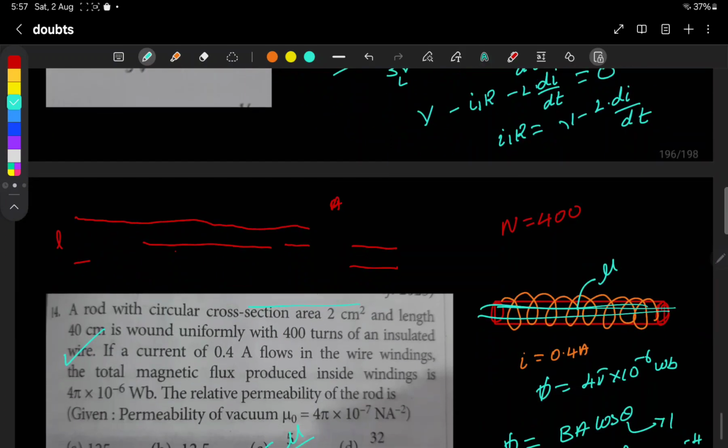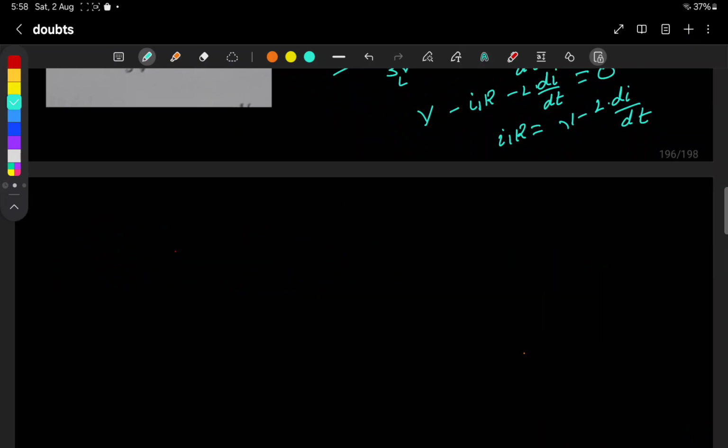So I1 into R is equal to V minus L into di by dt. So di by dt, we know the growth of a current in an inductor is I naught into 1 minus e to the power minus t by tau.